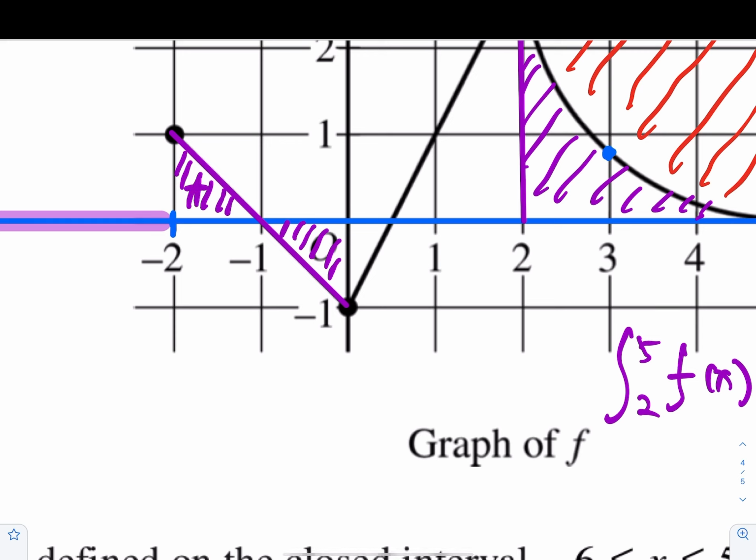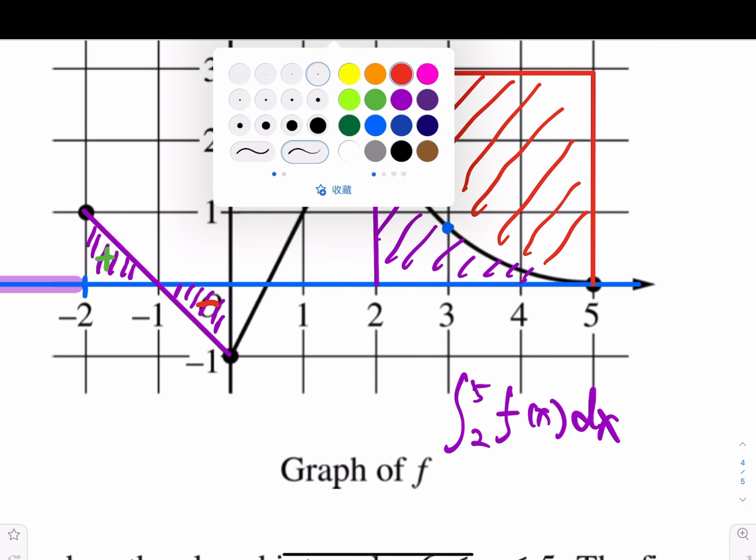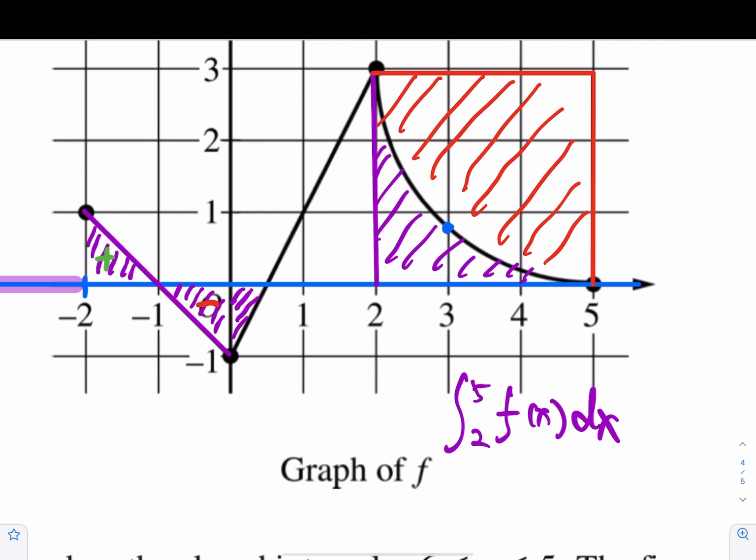So this part is positive. Let me change the color into green for the positive and red for the negative. The positive and negative parts will neutralize each other, so this part will be 0. And in here, let's see another part. For this part and this part, we can see the slope is from 1 to 1, so this slope is 2.